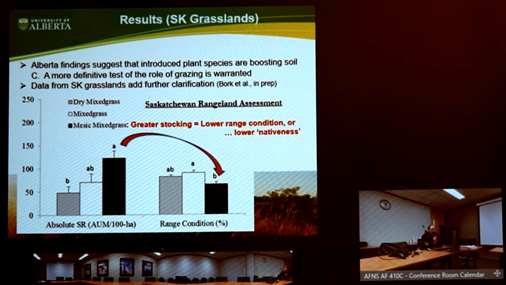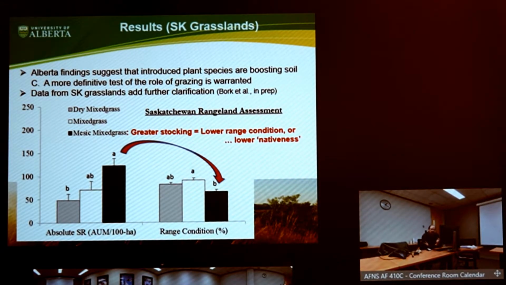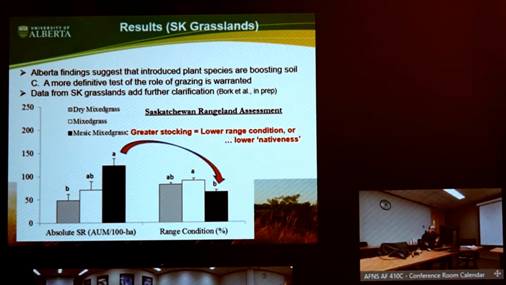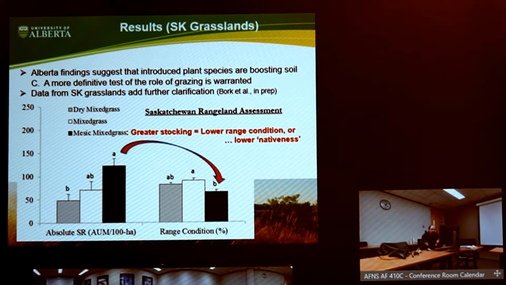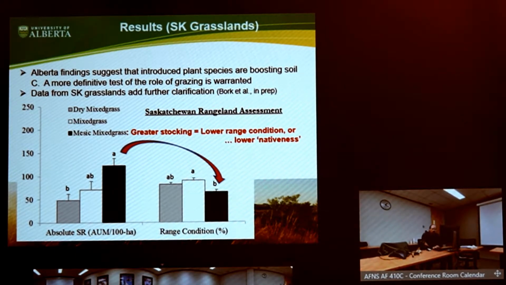One caveat here though, range condition as measured here and reported represents nativeness. And nativeness excludes by definition some of those introduced plant species. And some of those introduced plant species may well be contributing to biomass increases and therefore carbon increases, as I'll show you shortly.